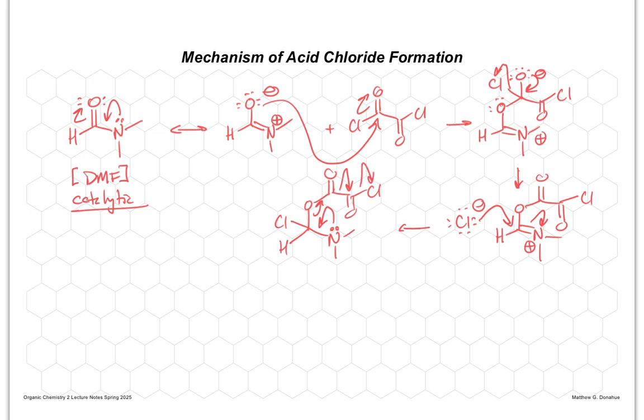So what's different now is this part right here, that's sigma bond breaking, and then chlorine leaving. That's called an alpha elimination. Normally, you're used to seeing beta elimination. So it just means that the leaving group is coming off that same carbon that's breaking the bond.